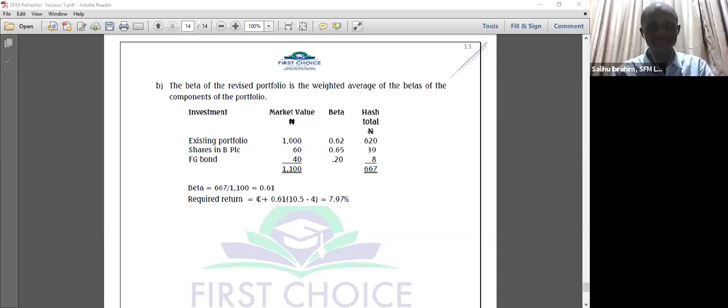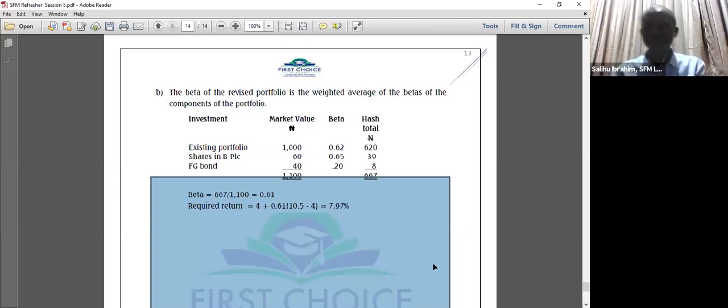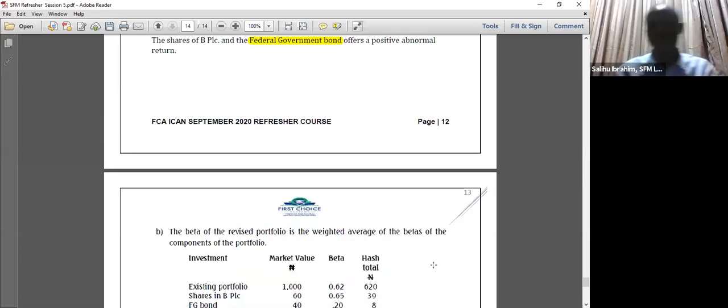So I take my risk-free rate plus beta of the portfolio for the pension fund company, times market return minus risk-free rate. I have 7.97%.